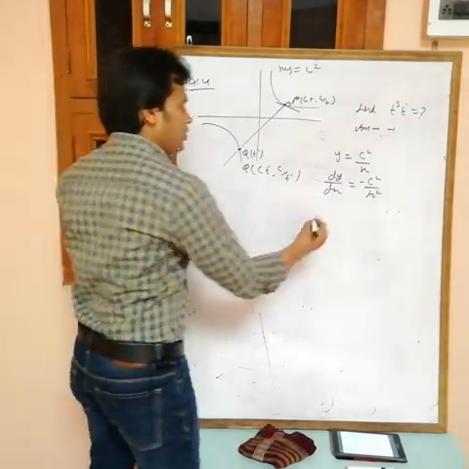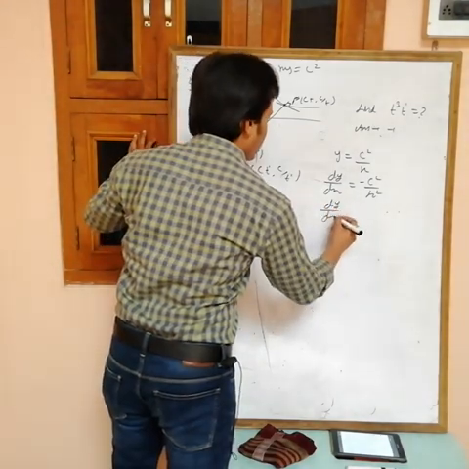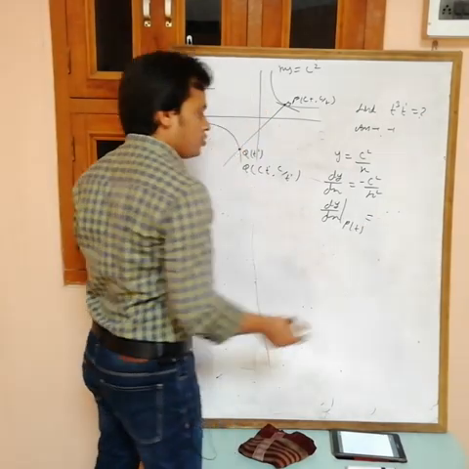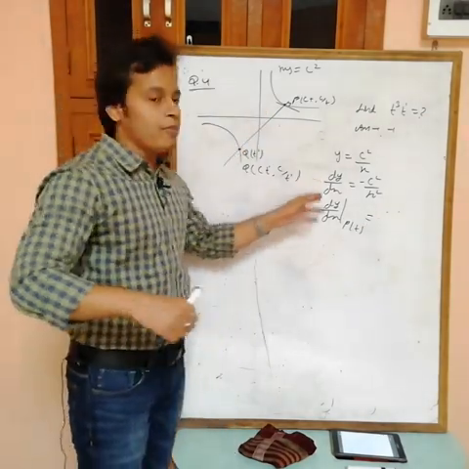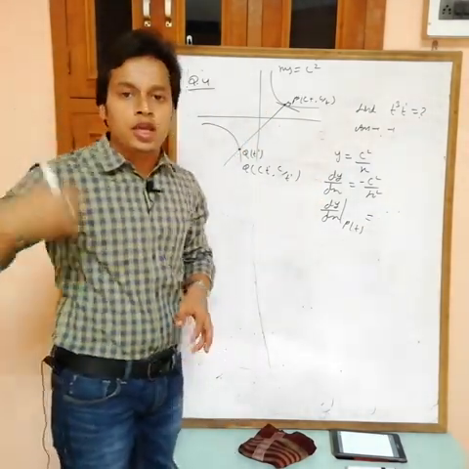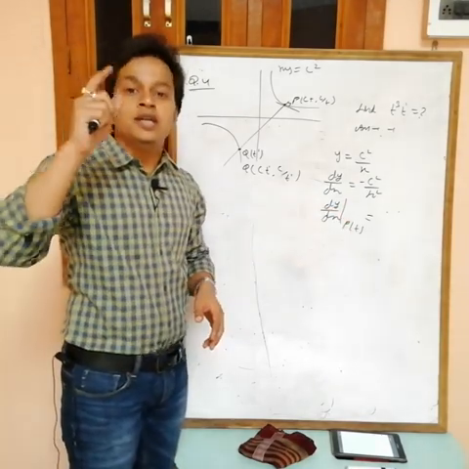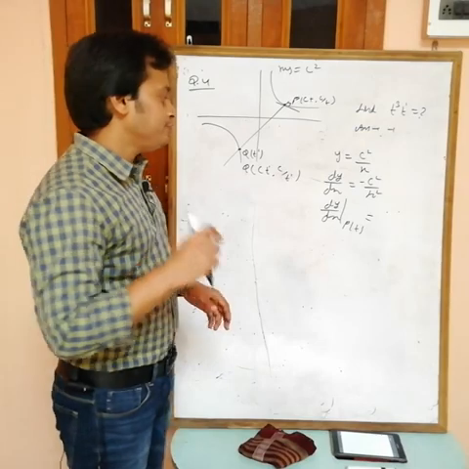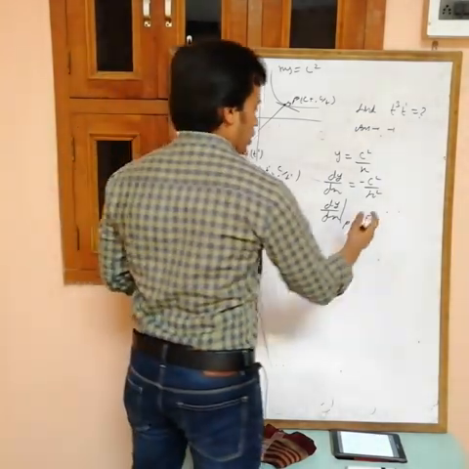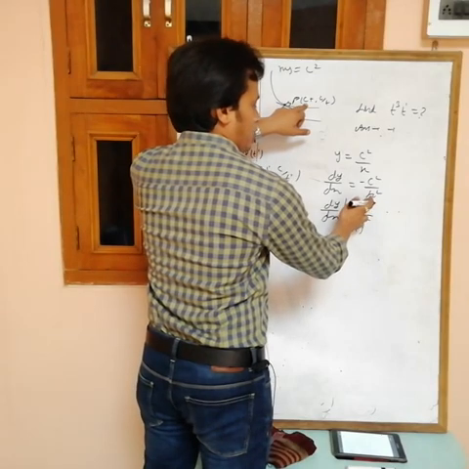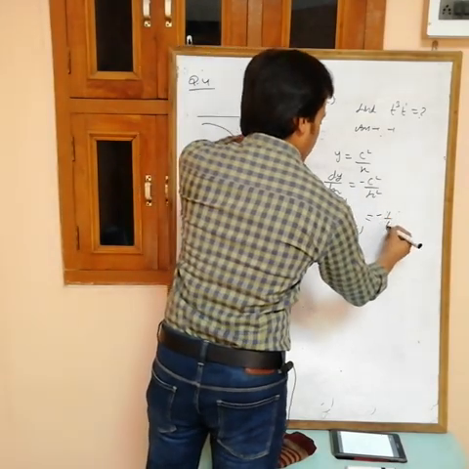Now find the value of dy/dx at point P whose parameter is t. dy/dx at point P represents the slope of the tangent at P. So in place of x, what we have to put? The x coordinate. If you put ct, then c square t square, c square cancels out, minus 1 by t square.